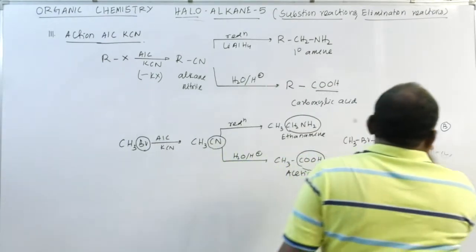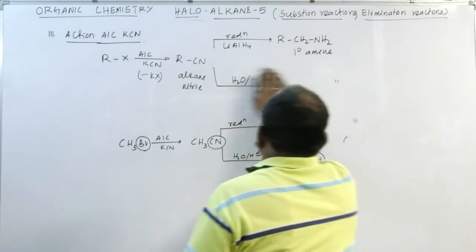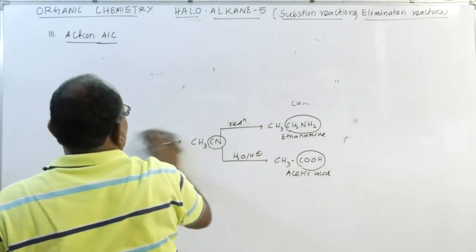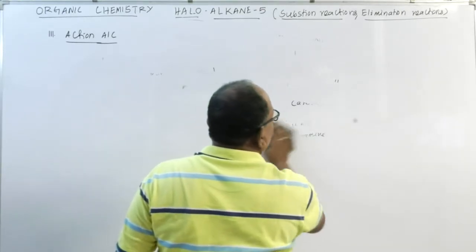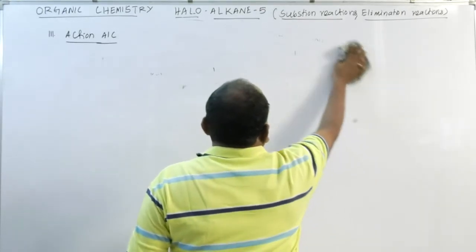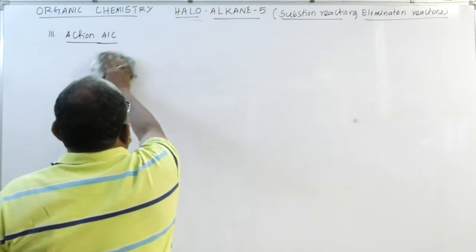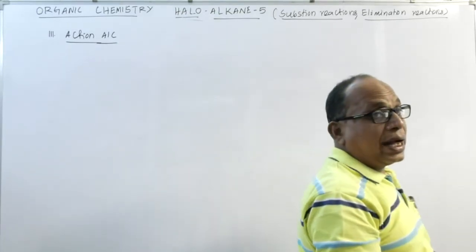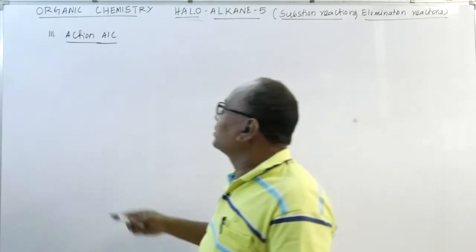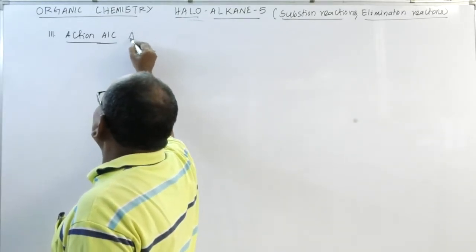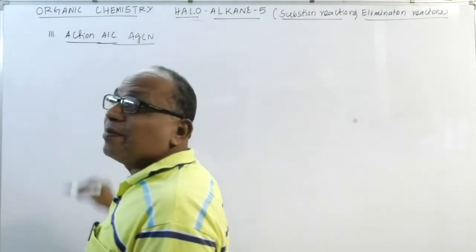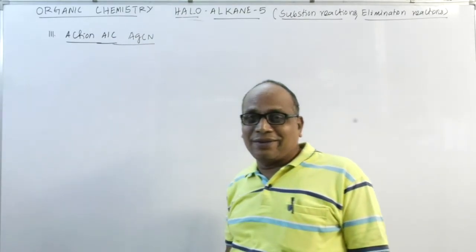Okay, next, suppose in place of potassium cyanide, you take silver cyanide. Alcoholic solution of silver cyanide, will it give the same product or not?